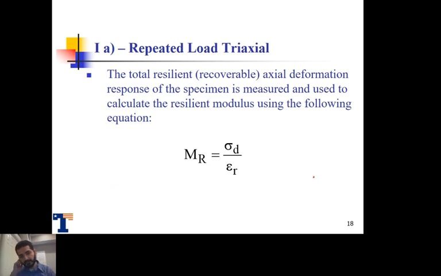So, in general, the resilient modulus relates to the recoverable axial deformation, the recoverable strain, which is what we're looking into. The resilient modulus, MR, is sigma D, the deviatoric stress, over the resilient or recoverable strain, which is measured during the testing and used to calculate the resilient modulus using this equation.